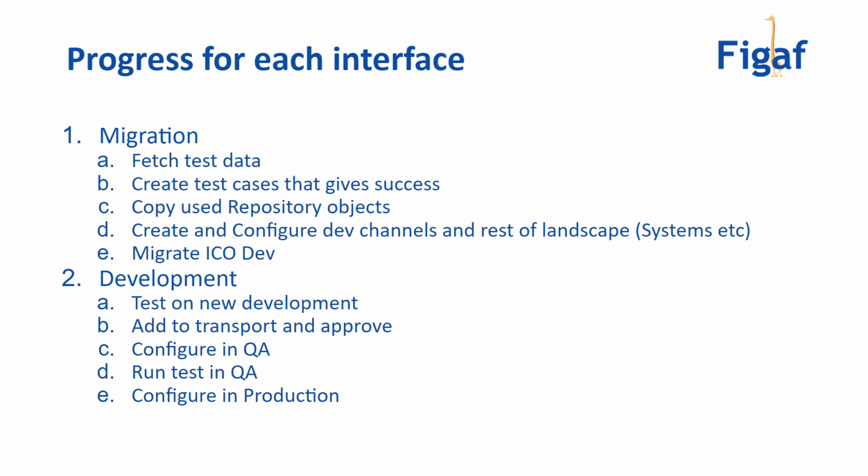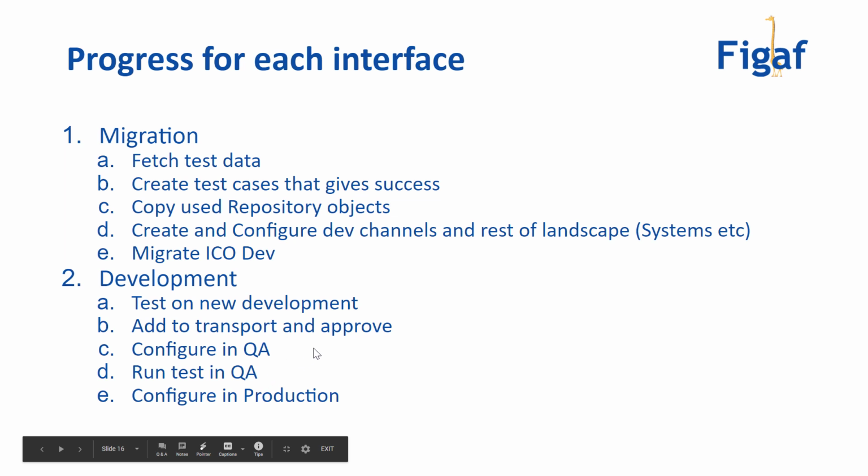Then, in the migration, first off, we will set up and find test data, and then we will create a test case for these messages. Then we will copy repository objects to the new system, copy or create the communication channels, and then we will migrate the ICO.